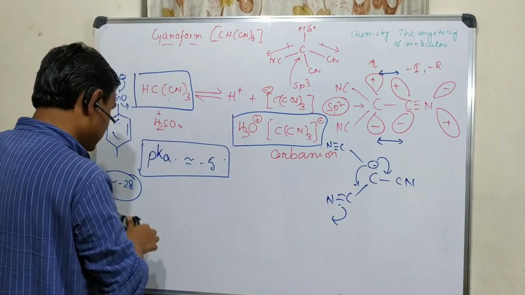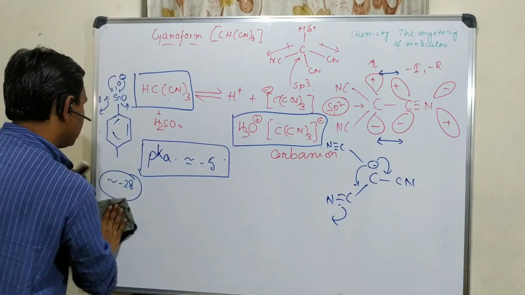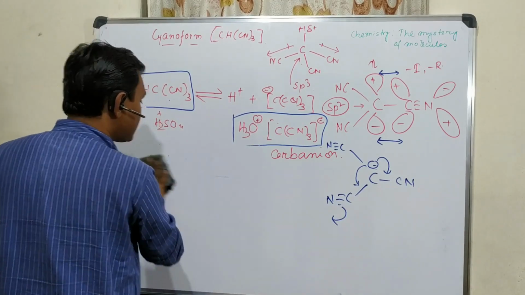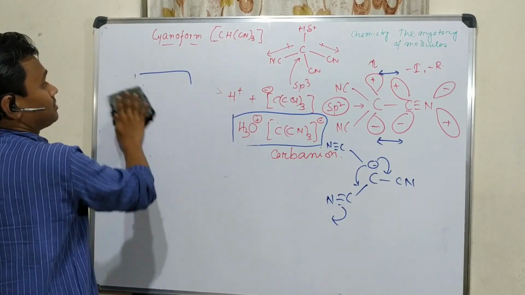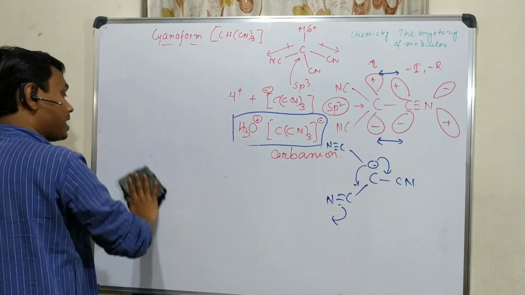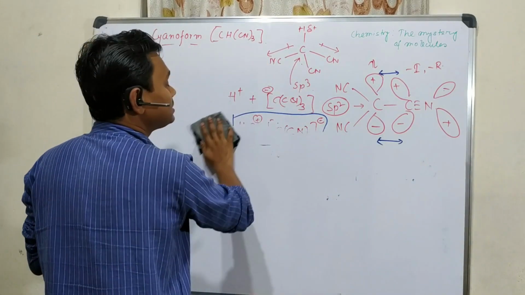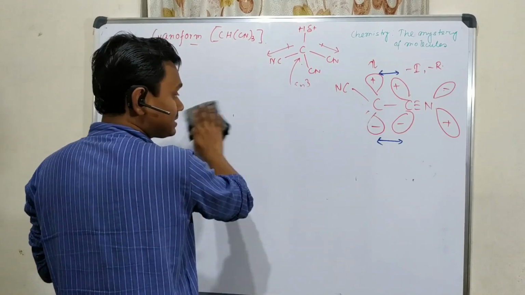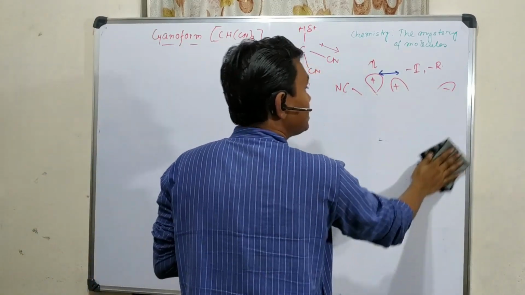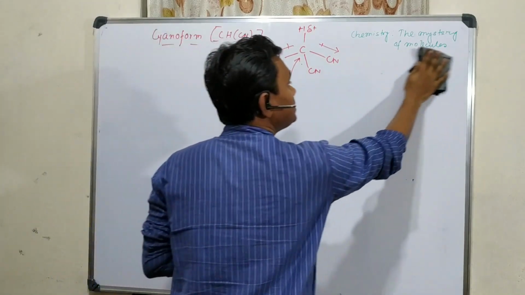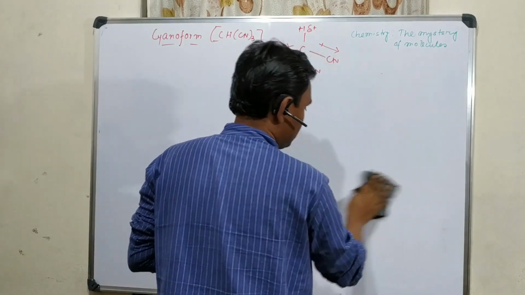So this is the reason why this tricyanomethane is a stable carbanion, and more acidic than para-toluenesulfonic acid. This is the unique property of tricyanomethane.